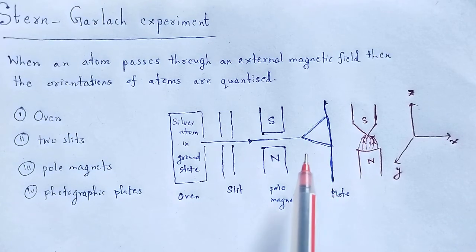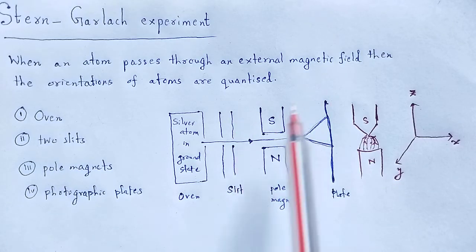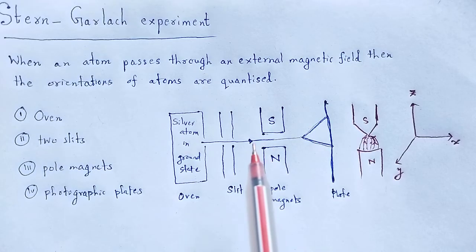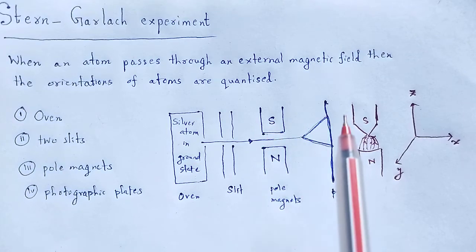Because when a magnetic dipole is placed in a uniform magnetic field, it experiences a torque, meaning the magnetic dipole rotates, but there is no such tracing force.